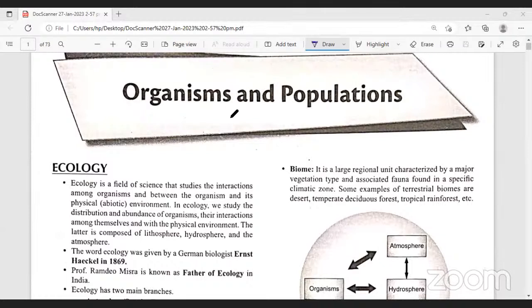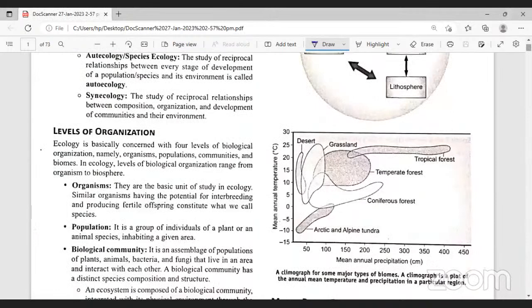Today we are going to talk about organisms and populations. In this chapter, we are going to discuss ecology. Who discovered ecology? What is ecology? What are the interrelations between biotic component and abiotic component? And then what is meant by autecology and synecology, and the levels of organization.